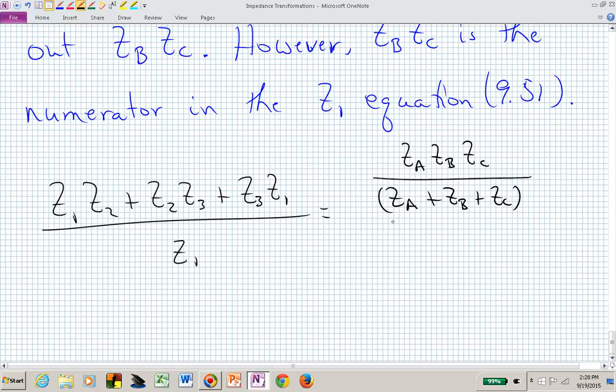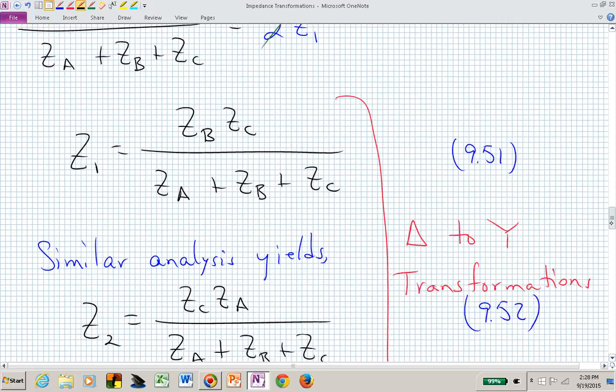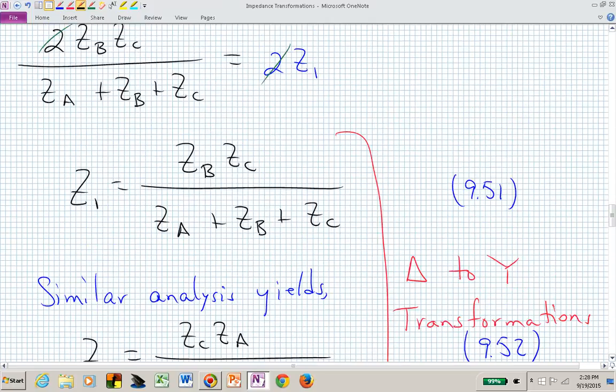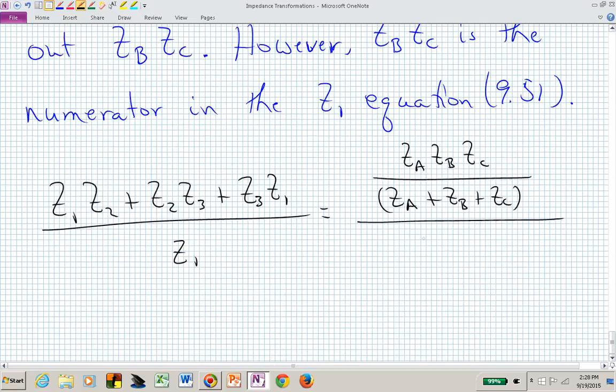What we now want to do is divide by Z1, but now the Z1 that we're going to use is this Z1 expression, which is ZBZC over the sum of those impedances. So now we're going to divide by ZBZC over ZA plus ZB plus Z sub C.